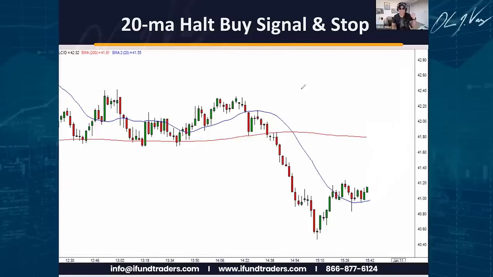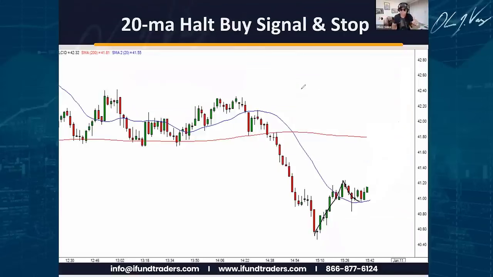Now, the third thing we need is that the next pullback after going through, we want to see if the 20-period moving average halts it. We want to see that now that the stock is above the 20, does the 20 catch the stock on the way down? That's the 20 MA halt.